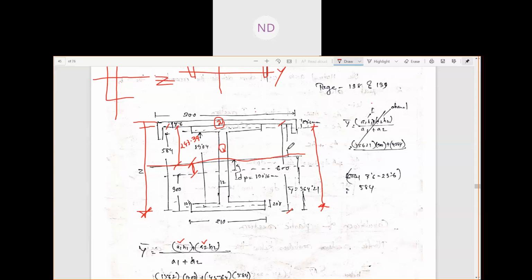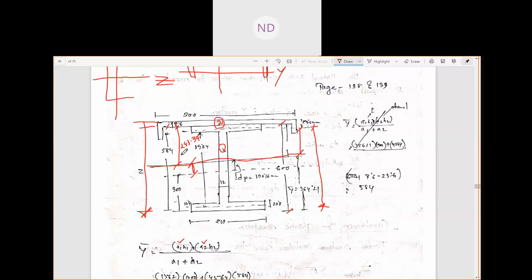We are going to find out this distance by, actually this is this much. Okay, so now if we do 243.39, this entire distance 243.39, minus 23.6, we will get this distance, this one, right?